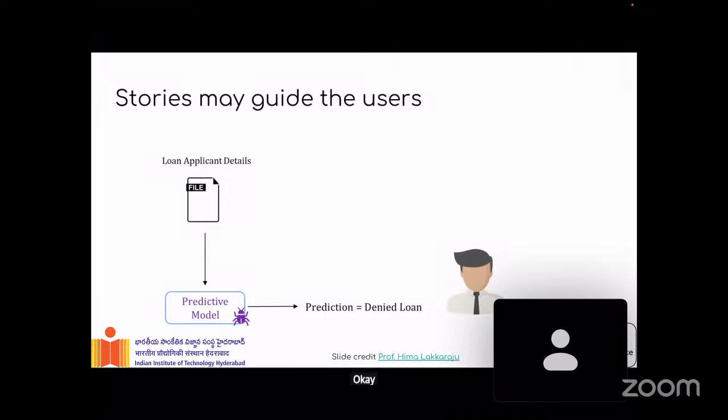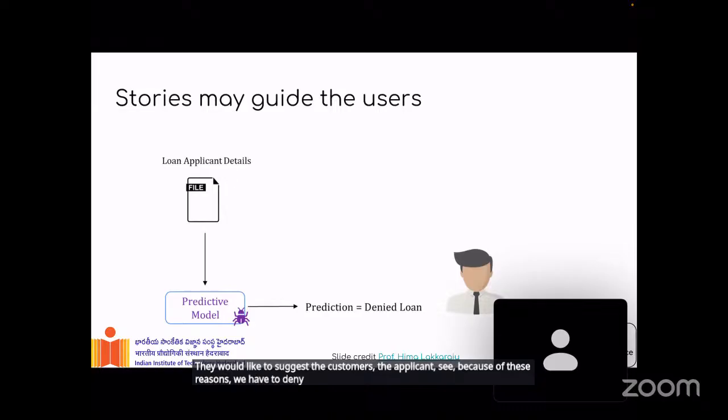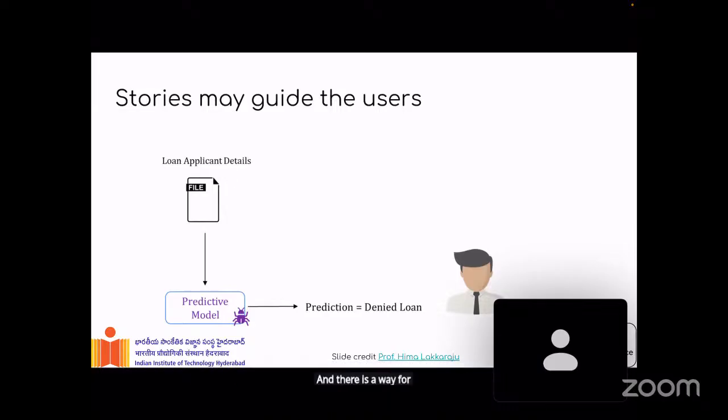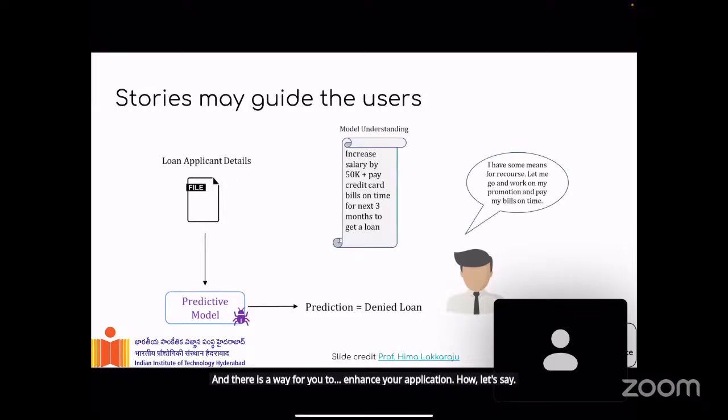Not only that, the bank, as a friendly business, would like to suggest to the customers, the applicants: because of these reasons we have to deny your loan, and there is a way for you to enhance your application. How? Let's say it comes up with a suggestion. You're falling short of the annual income.